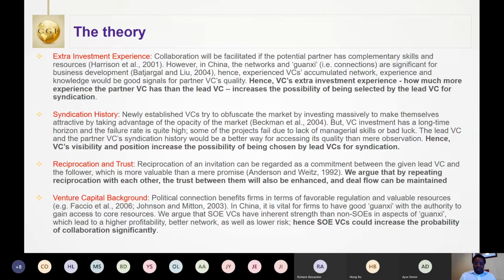That's reciprocation, and it's built on trust. I'm sure that Reinhard, somewhere in the audience, will find sympathy with this argument of reciprocation and trust. So we argue here that by repeating reciprocation with each other, the trust between VC firms, the lead and the partners, will also be enhanced, and the deal flow can be maintained.